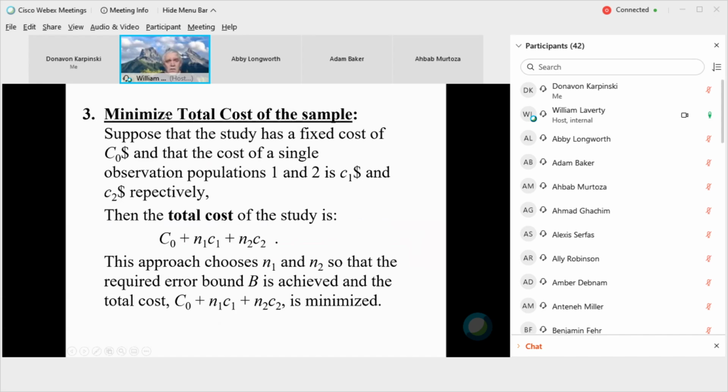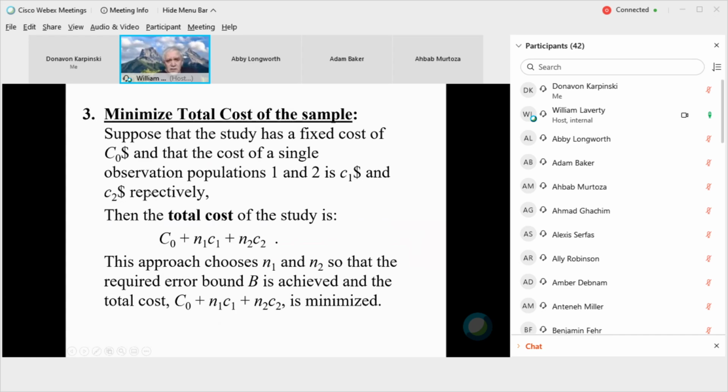So the total cost of the survey, there's a fixed cost of setting up the survey, and then there's a cost per observation of taking data from population 1, and a different cost maybe from population 2. This is definitely true when you're testing drugs. A new drug versus a placebo. Placebos are really cheap, but new drugs are really expensive.